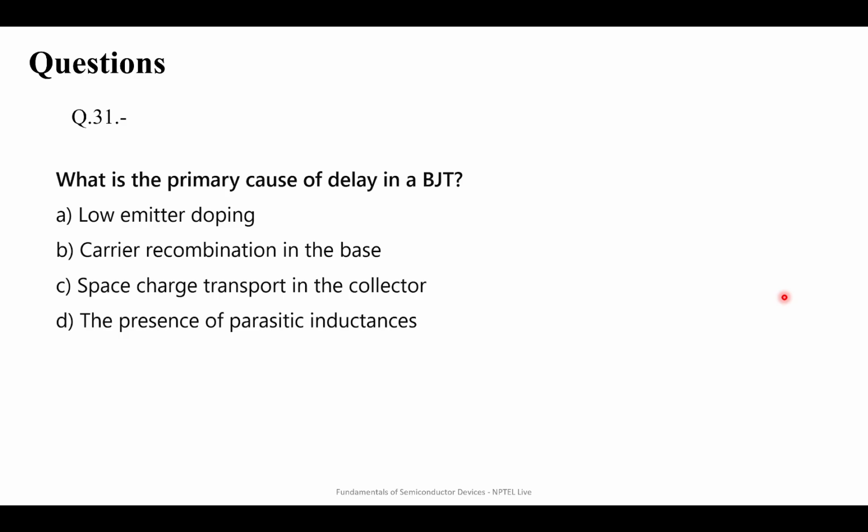What is the primary cause for delay in a BJT? Low emitter doping, carrier recombination in the base, space charge transport in the collector, the presence of parasitic inductances.